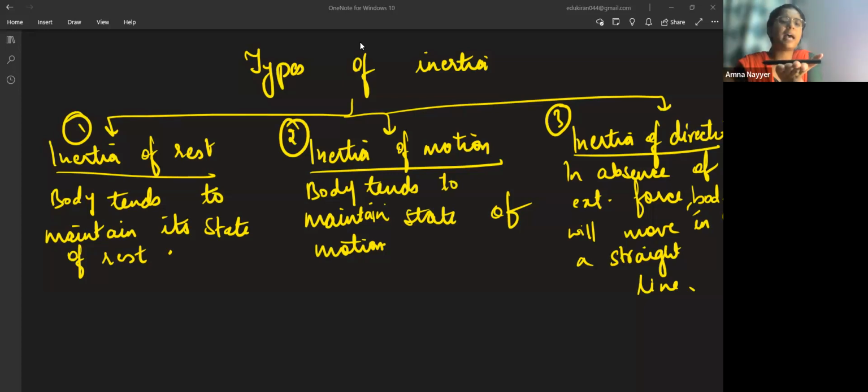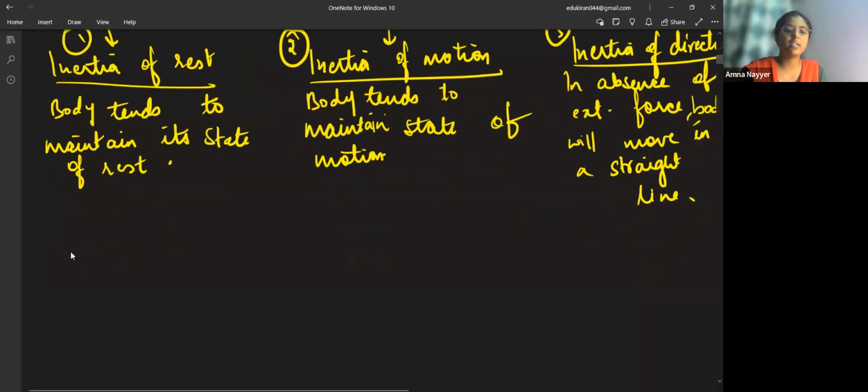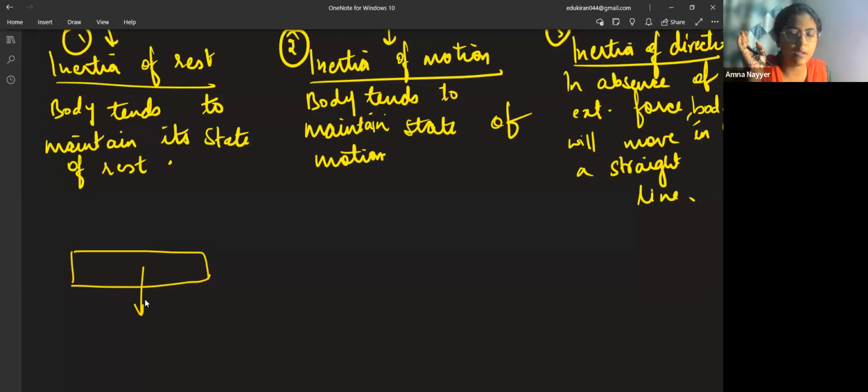Means the forces balanced each other, that is a different thing. But the body is able to maintain itself unless and until you make this body move. So that is inertia of rest. If a particular body is there, different forces act on it. We have to study forces in detail in this lesson. Suppose gravitational force is acting downwards.